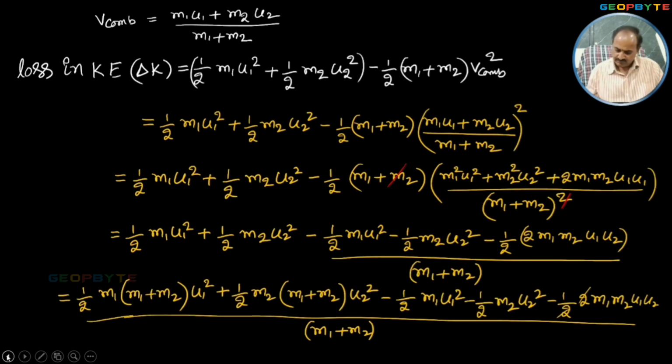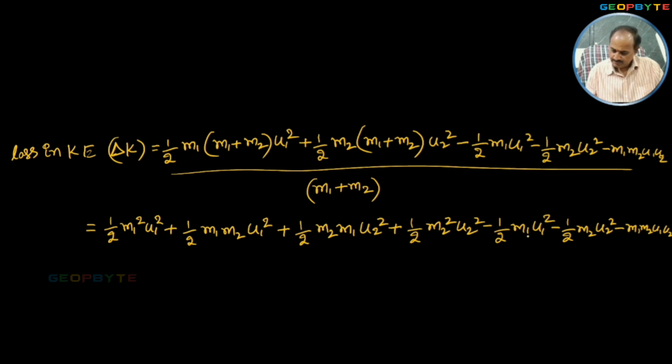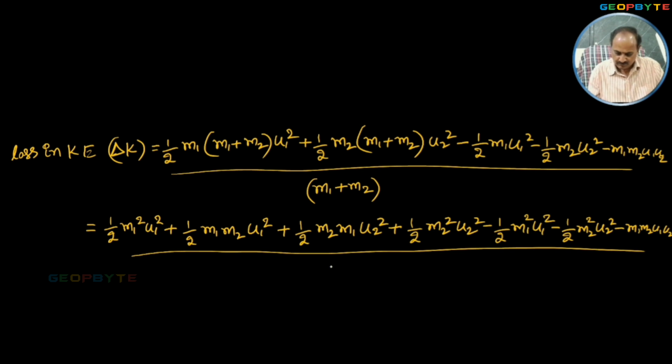Is it m1 or m1 square? Should be very careful. Now let us simplify this part: half m1 square u1 square minus half m1 square u1 square plus half m2 u2 square minus half m2 u2 square.